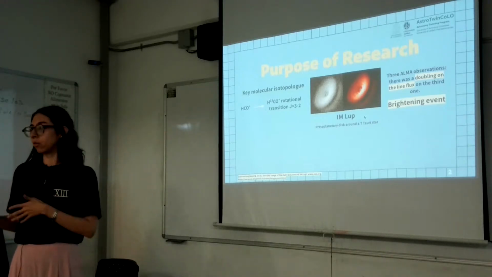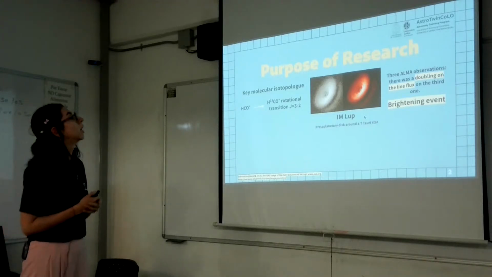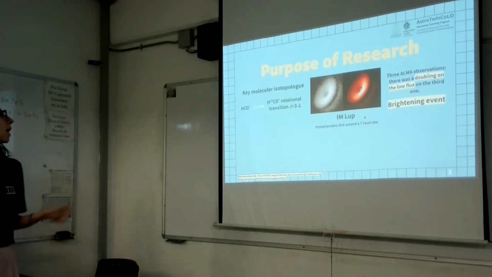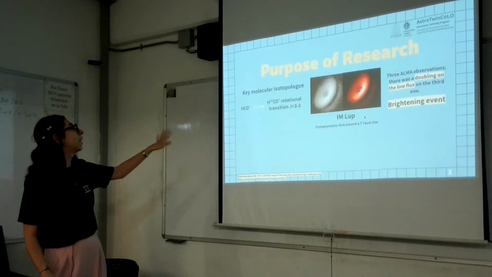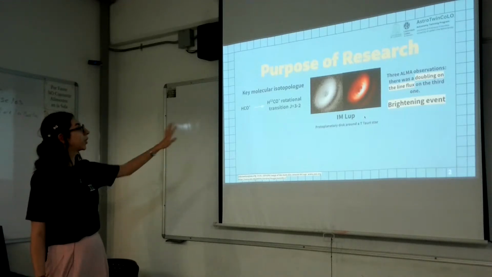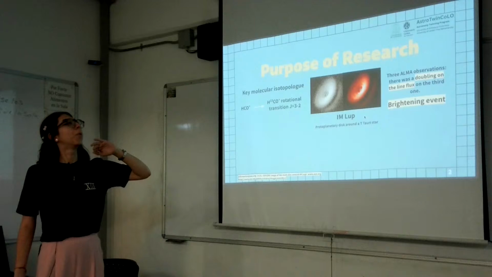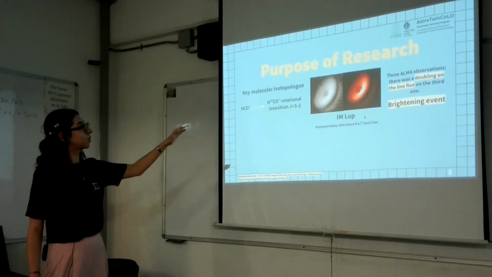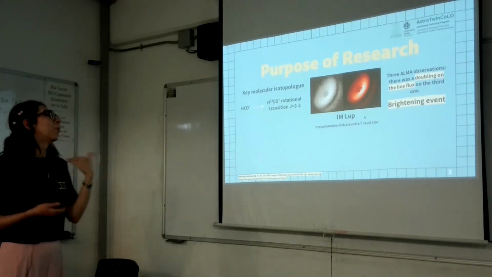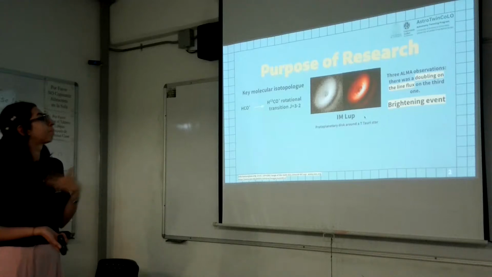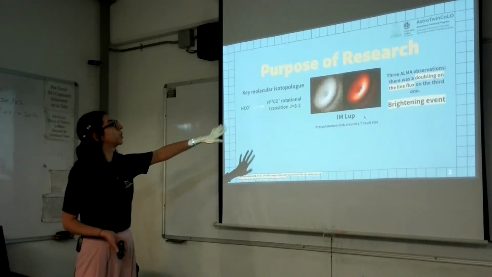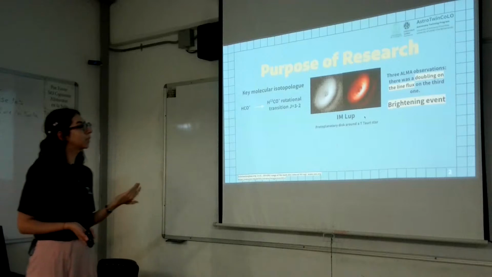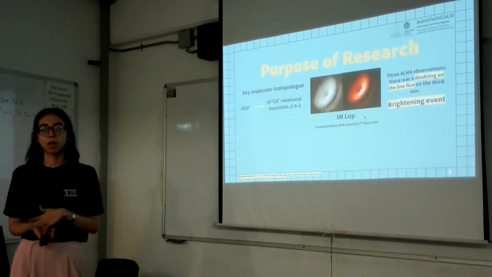HCO+ and all of the ones that we trace in order to see events on disks. And in this article, they have the HCO+ and the H13CO+, whose rotational transition we can observe, and that way we can get data. So this is our object, IM Lup, and it is a protoplanetary disk around a T Tauri star.